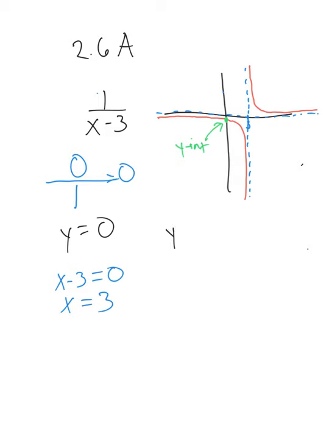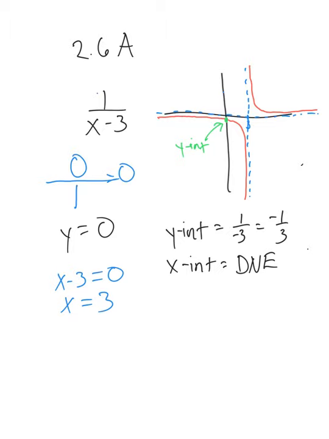So our y-intercept here equals 1 over negative 3, or negative 1/3. So that is negative 1/3 up there. And since we cannot touch 0 at all, if they asked what our x-intercept is, we can never touch 0, so it does not exist in this case.